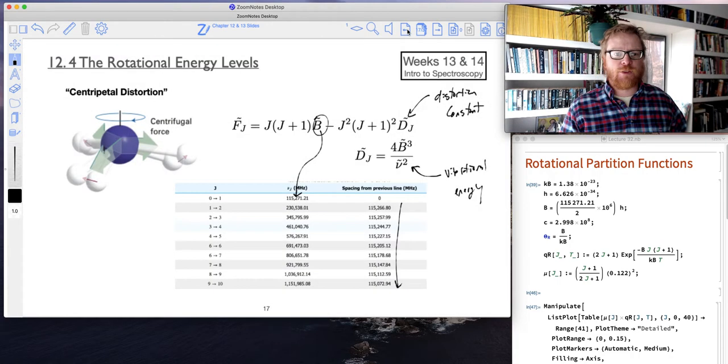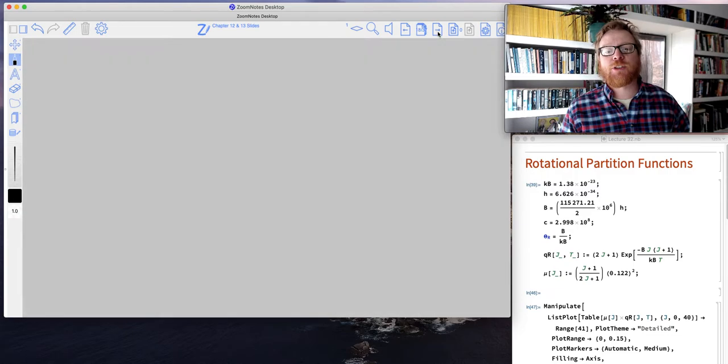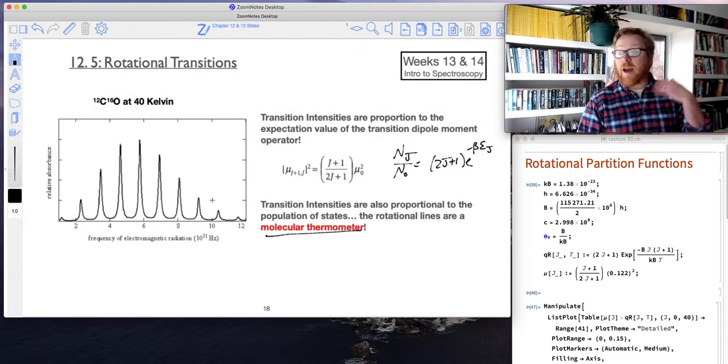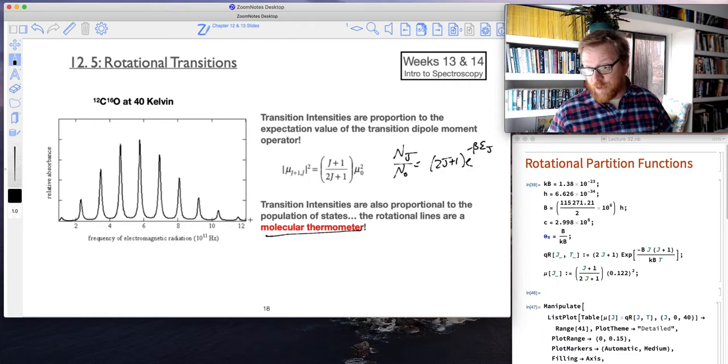Recall that we labeled all of these transitions before as we were discussing them. We recognized this very first peak was the 0 to 1, and then the 1 to 2, and the 2 to 3, and so on. Well, based on the temperature of this sample, there will already be a certain population of molecules in those states, and thus our rotational spectra will be a good indicator of the temperature of our sample.